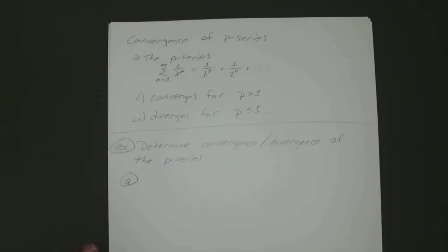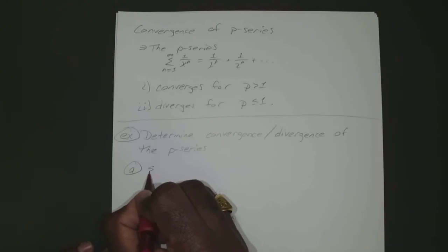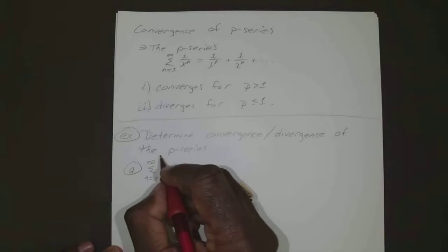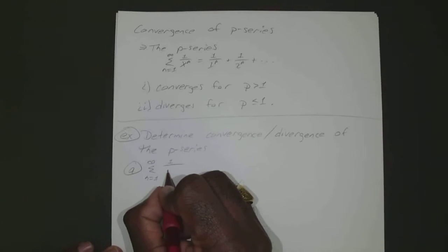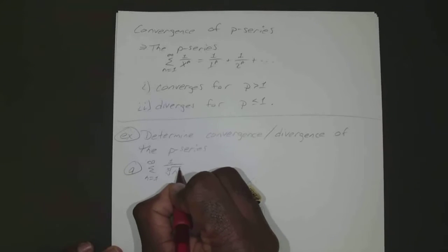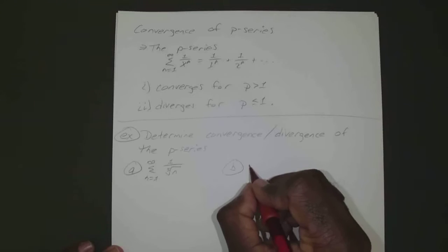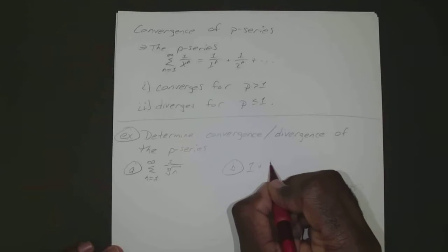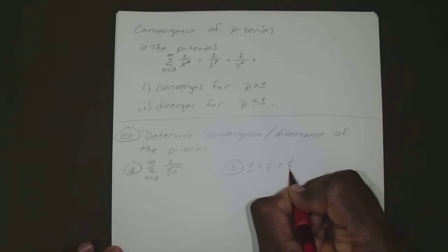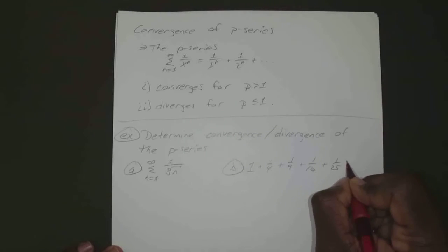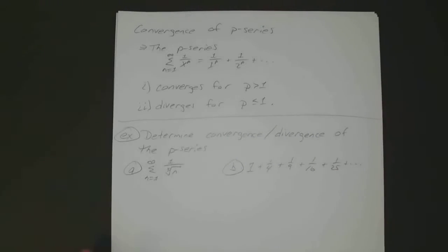Let's say for A, we'll make it the sum from n equals 1 to infinity of 1 over the fifth root of n. And let's say for problem B, we have 1 plus 1/4 plus 1/9 plus 1/16 plus 1/25, and so forth and so on.